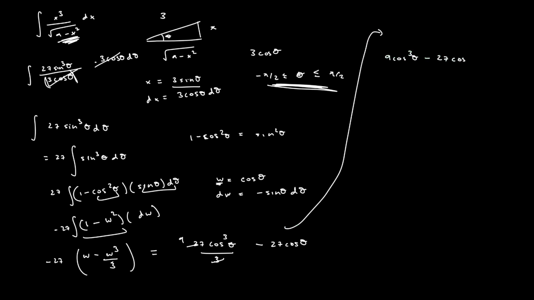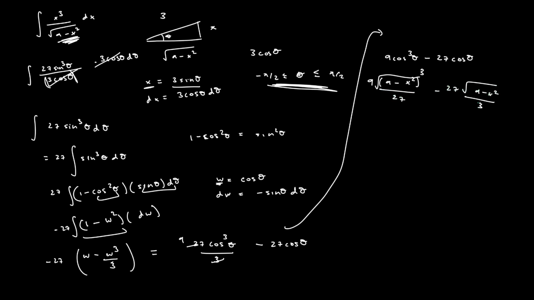And now we can finally substitute back values for x. Cosine theta is adjacent divided by the hypotenuse. And so we know that this is just 9 times the square root of 9 minus x squared to the power of 3 divided by 27, minus 27 times the square root of 9 minus x squared divided by 3.